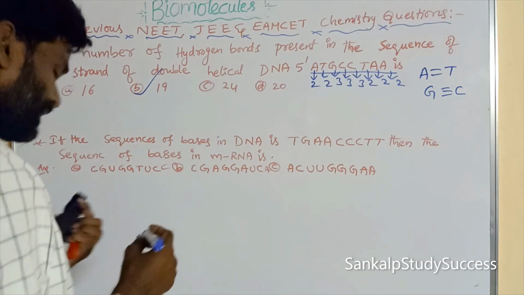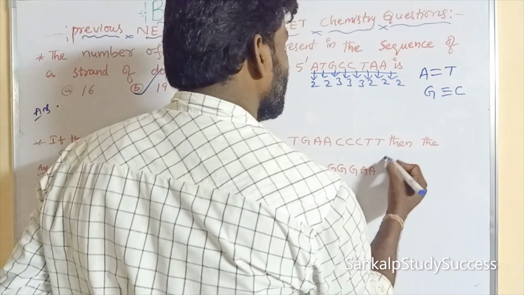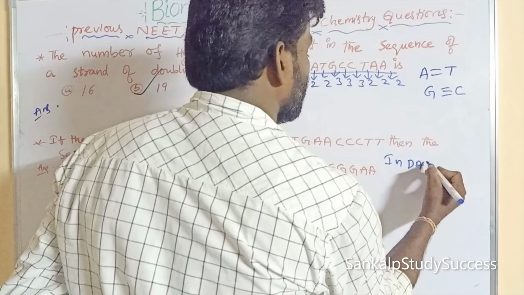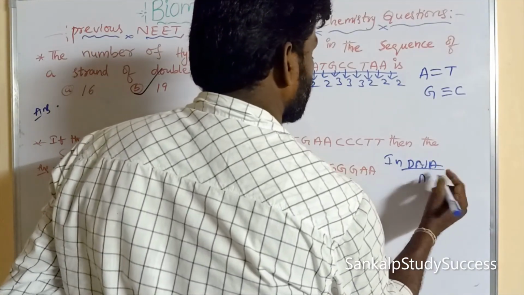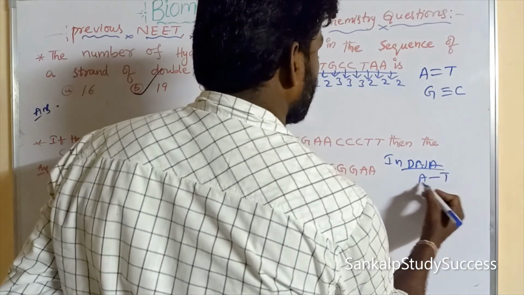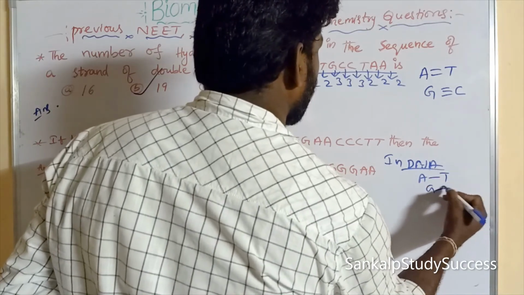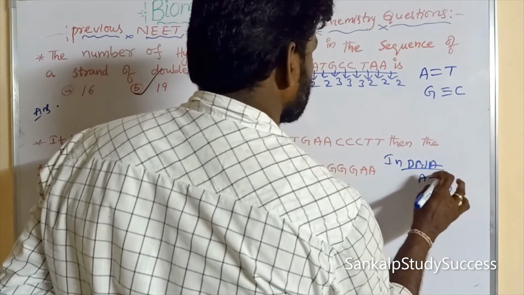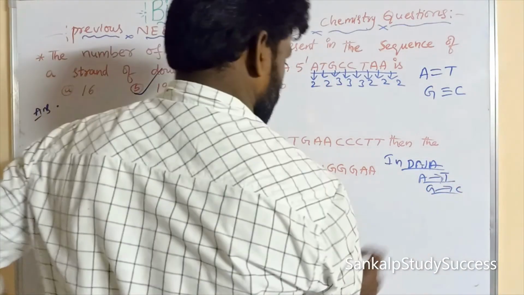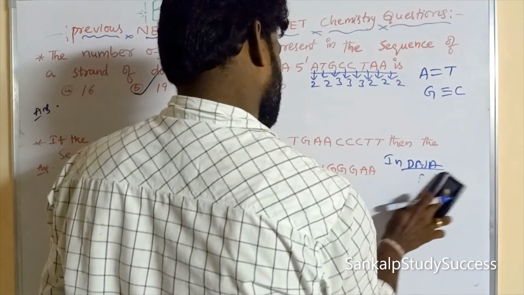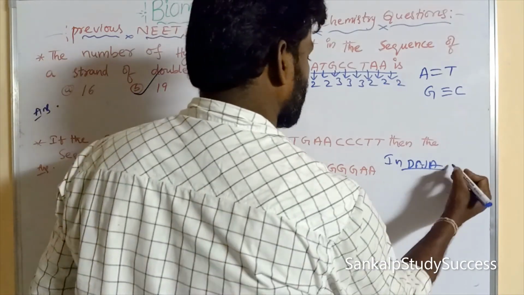We know that in DNA, adenine forms hydrogen bonds with thymine, and guanine forms hydrogen bonds with cytosine. The code to remember is AT Government College.